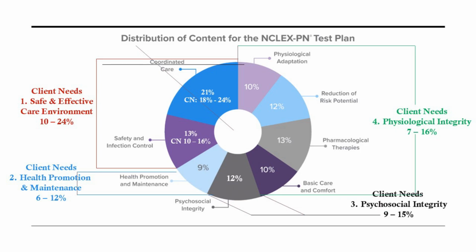And of course, the infection control is a whole other issue. That deals with the droplet, airborne, or contact precautions. Okay? So that is how the safe and effective care environment is broken down. Now, 10 to 24% of your exam will be directly dealing with the patient, client needs.